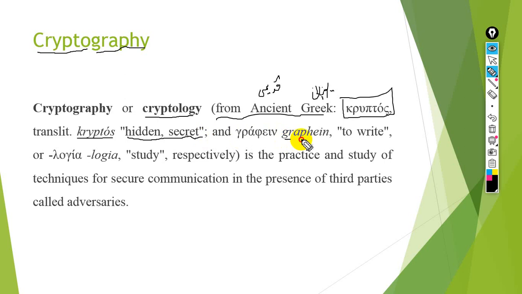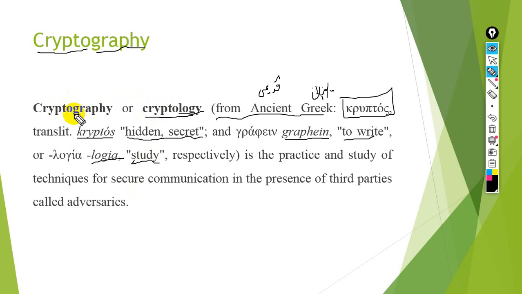Which means secret or hidden, okay. And the second word is graphein, which means to write, okay. Next, if we take cryptology, the same krypton means hidden or secret, and logia means to study, okay. Logia means what? To study. So it means that cryptography means to write hidden, and cryptology means to study hidden.